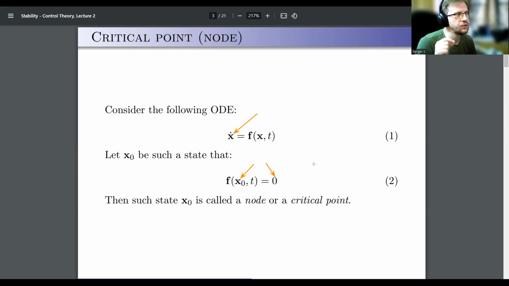So we are always going to stay at x0 once we are already there. This means that x0 is not only a critical point, but also a solution to this equation, since x equals x0 satisfies this equation.